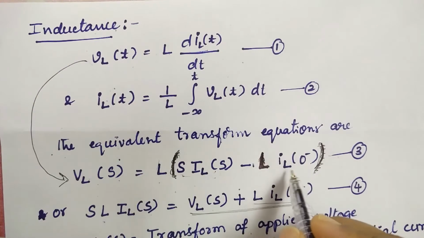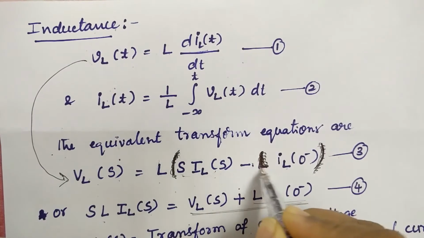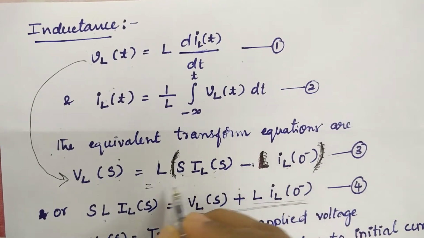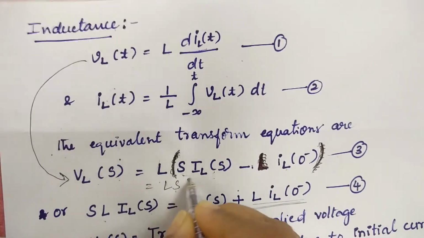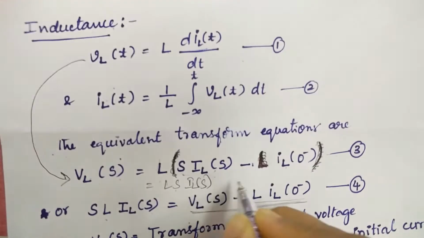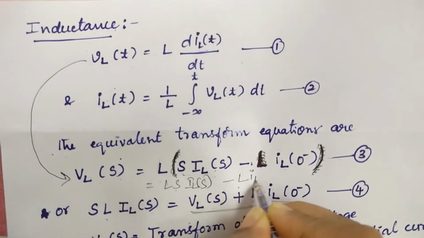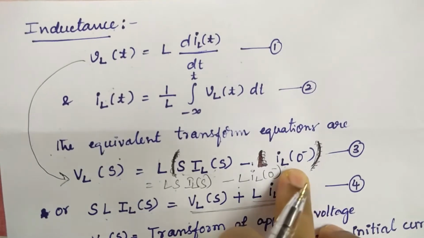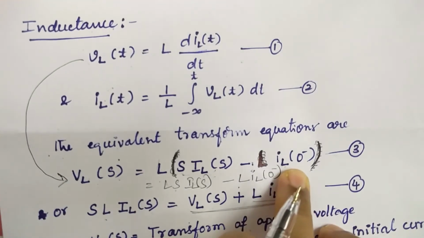Because the inductor has some initial current, don't put L here. Next, multiply element by element, then it will be L s into IL of S minus L into IL of 0 minus, where IL of 0 minus is the initial current through the inductor.